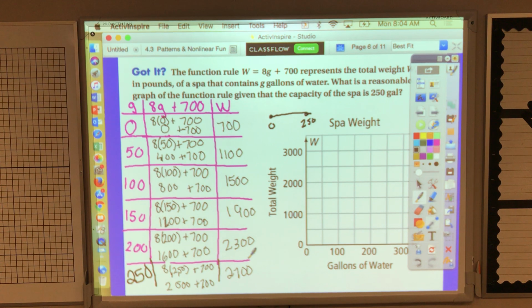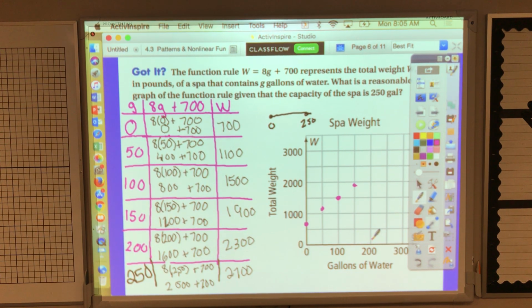What's the reasonable graph of the function given the capacity is 250? So my first ordered pair is at 0, 700. At 50, I'm at 1100. At 100, I'm at 1500. At 150, I'm at 1900.